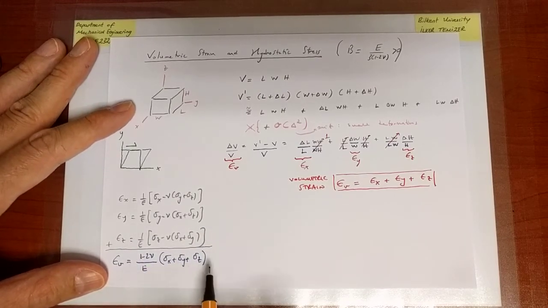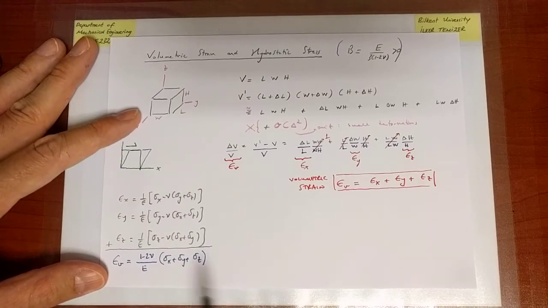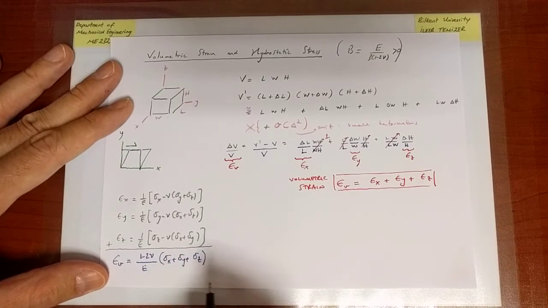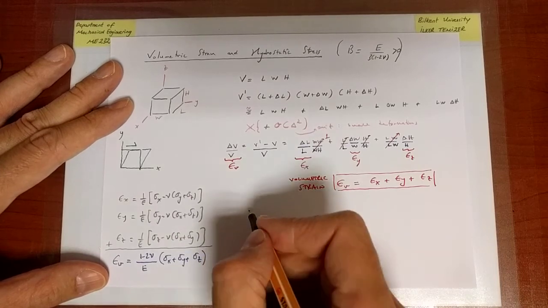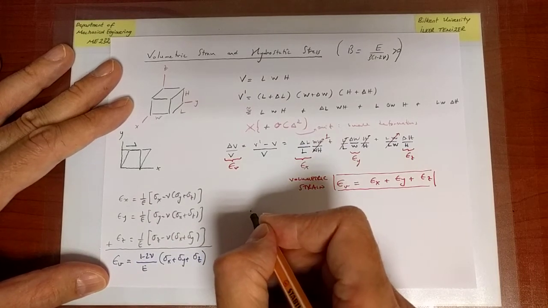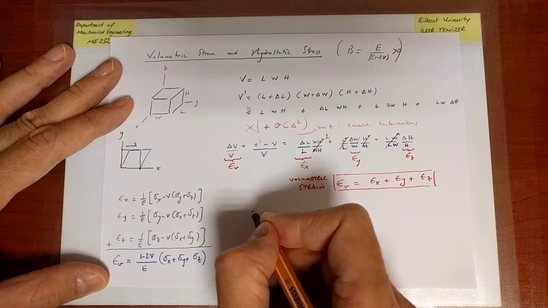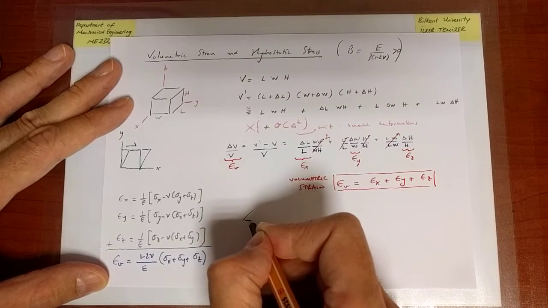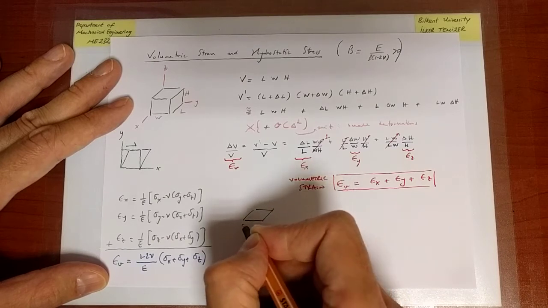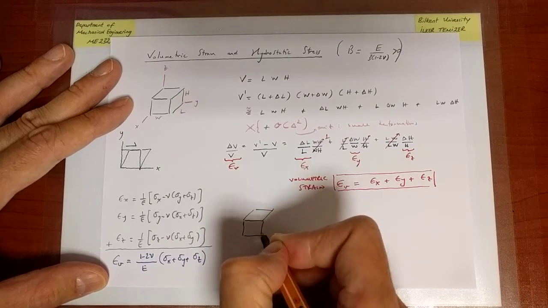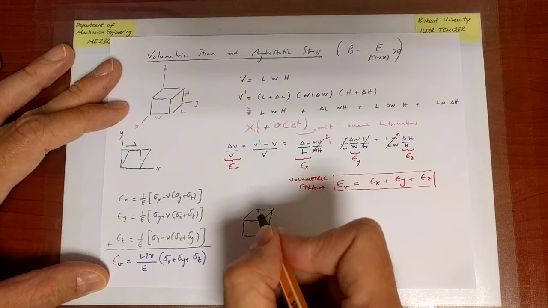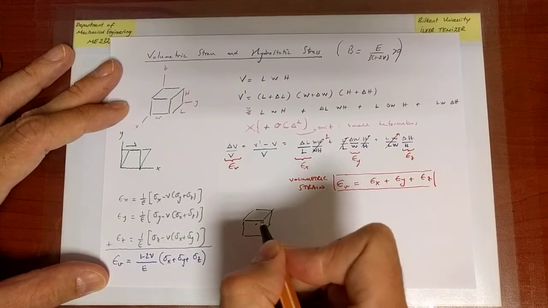But now we're going to go ahead and expand on this observation a little bit more, and we're going to do that by motivating a definition that is based on this state of hydrostatic stress. So hydrostatic: we're going to take something and immerse it deep into water, say into the ocean, into the Mariana Trench. Let's take a small cube of material at a certain point deep in the ocean.